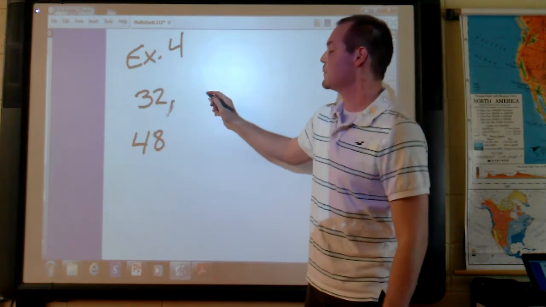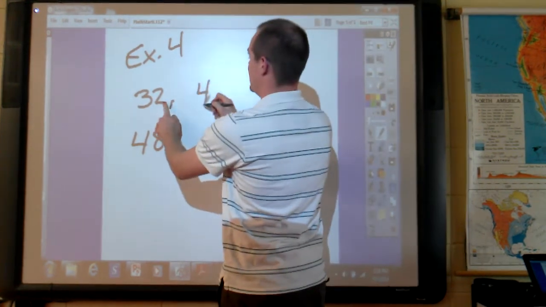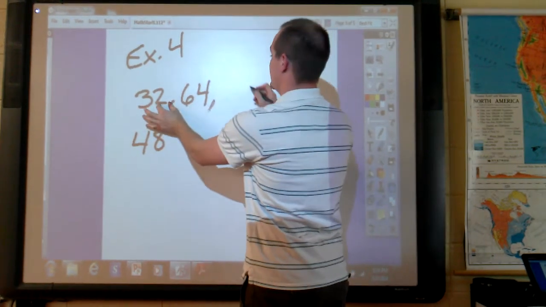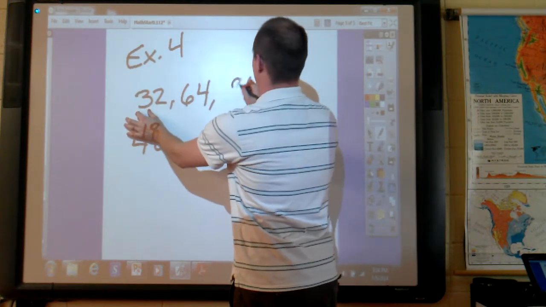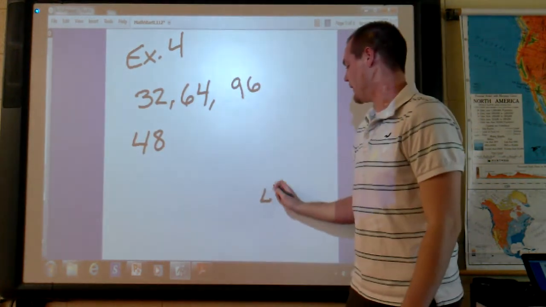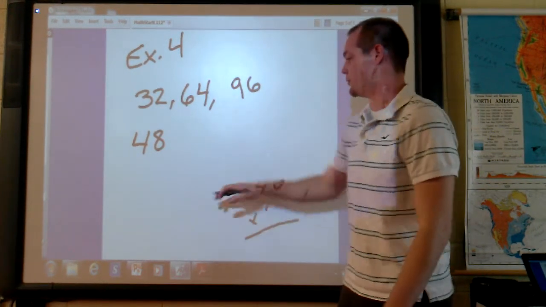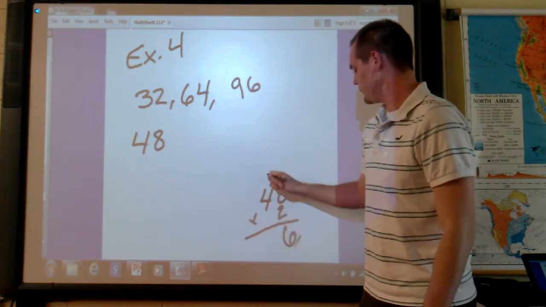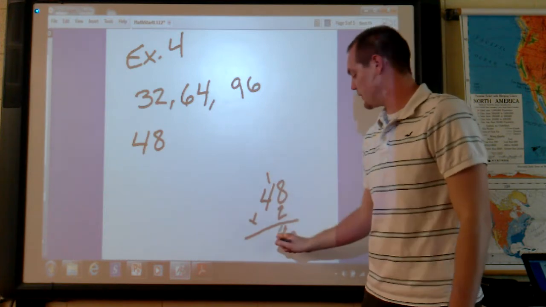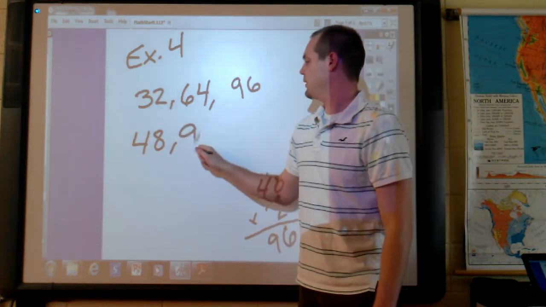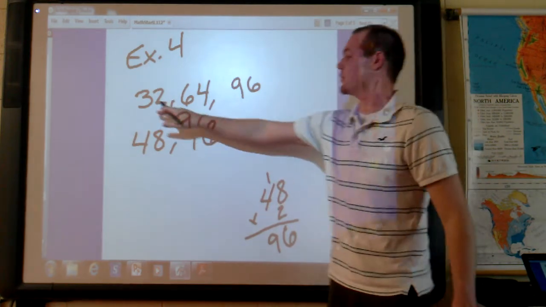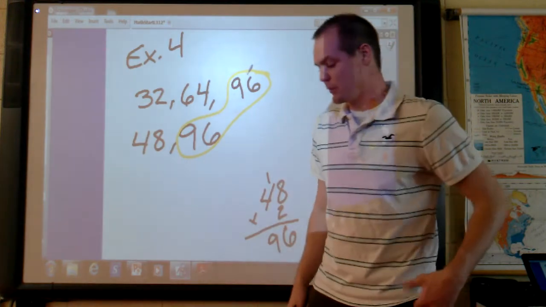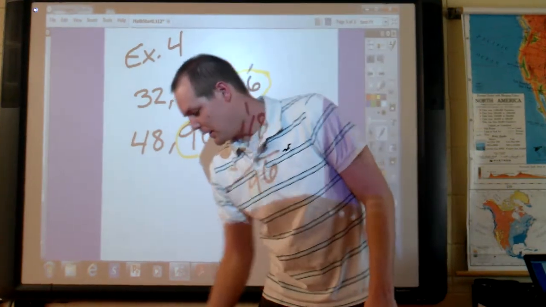But 32 times 2 is 64, times 3 will be my next multiple, 96. 48 times 1 is 48, 48 times 2 is 96. I picked a bad one. But the least common multiple of 32 and 48 is 96. And you can write 96 down for example number 4. And that is, let's do one more.